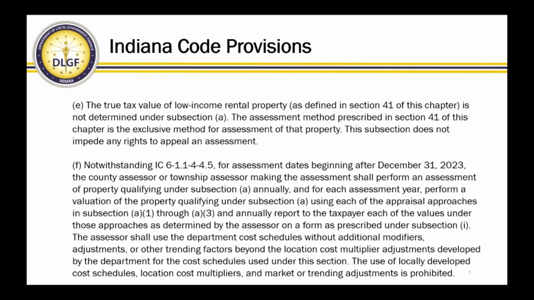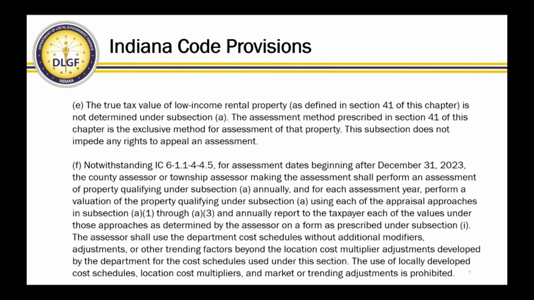And in some situations, the annual adjustment or trending factor that the assessor had to put on, maybe in prior years it was a certain percentage, and maybe because of the change in cost schedules that resulted in either a lower annual adjustment or trending factor, or no trending factor put on.